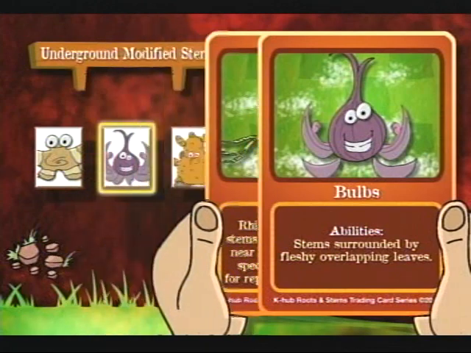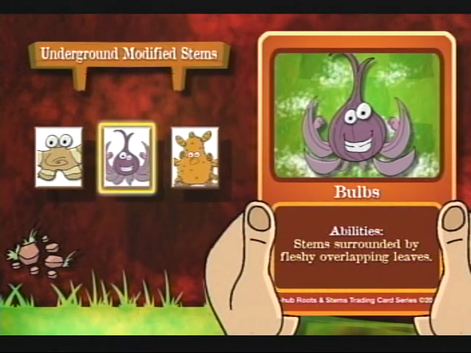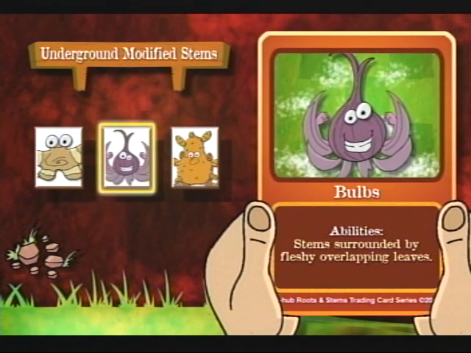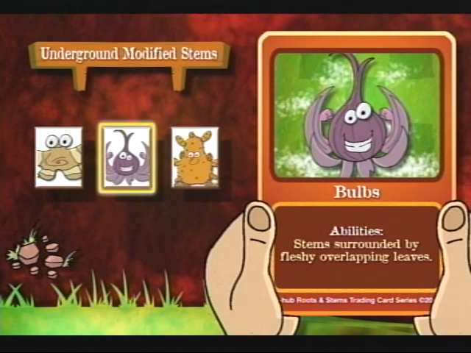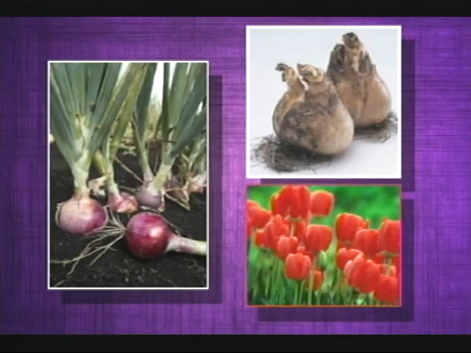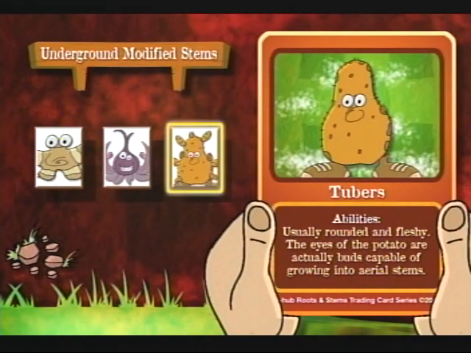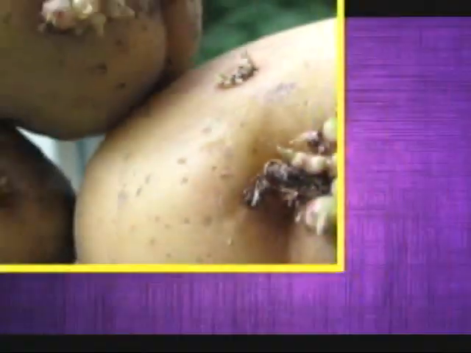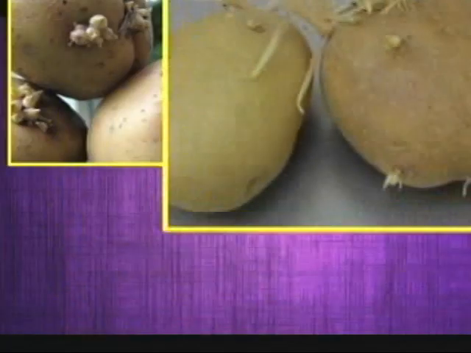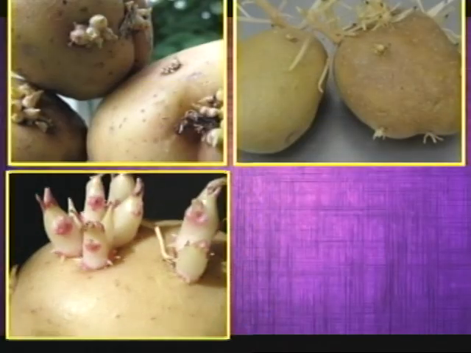Bulbs found in onion and tulips are modified stems surrounded by fleshy, overlapping leaves. Tubers are modified underground stems that are usually rounded and fleshy. An example of this is the potato. The eyes of the potato are actually buds capable of growing into aerial stems.